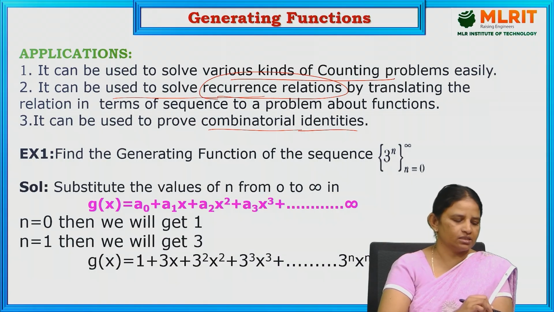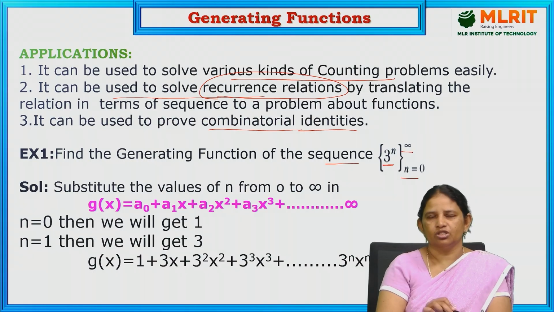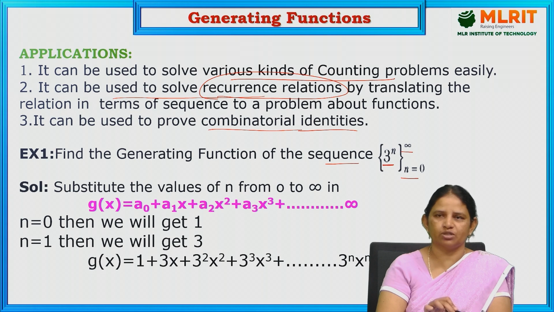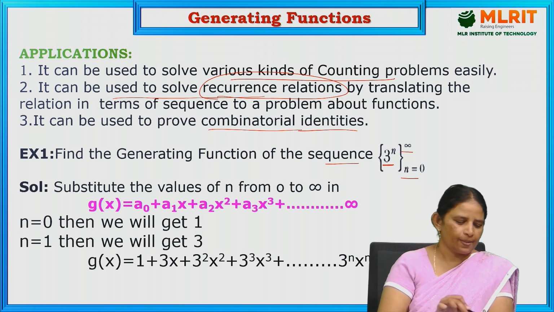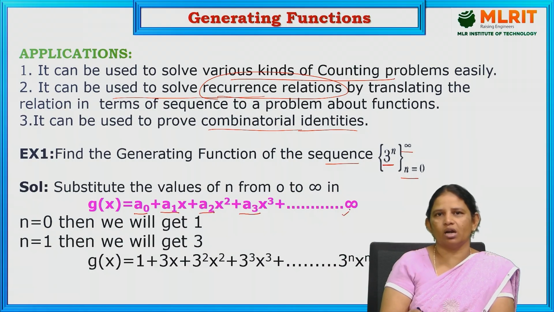Take the first example. Find the generating function of the sequence 3^n, where n is equal to 0 to infinity. We need to substitute the n values in the expression 3^n. What is the generating function formula? G(x) = a0 + a1x + a2x^2 + a3x^3 and so on to infinity.